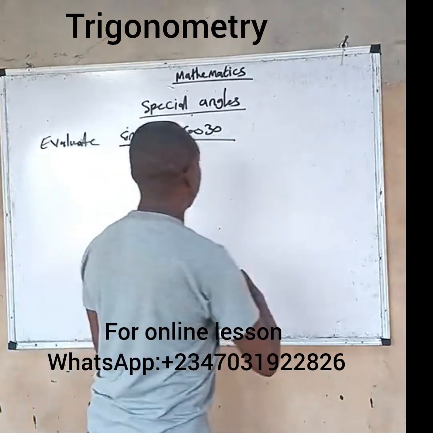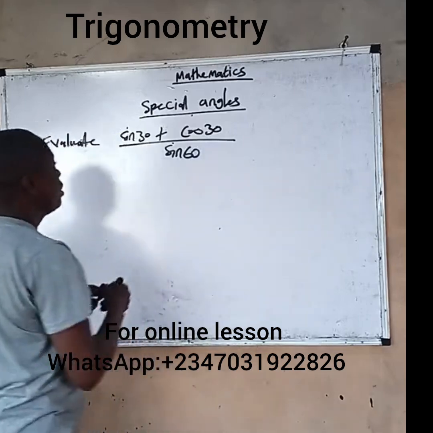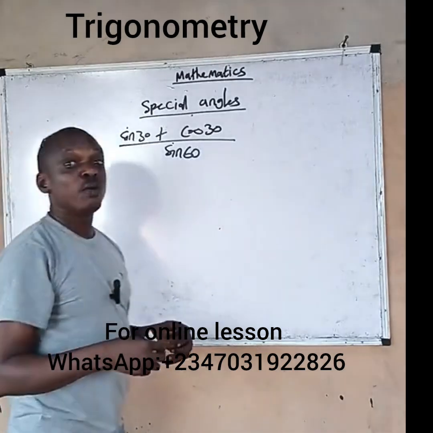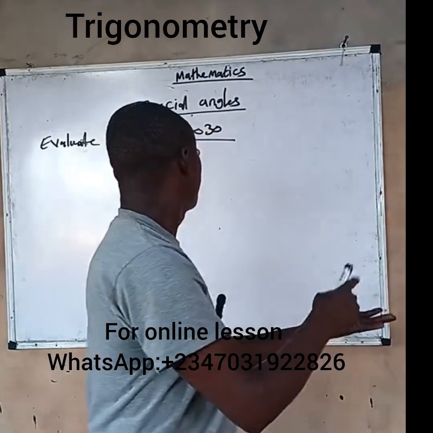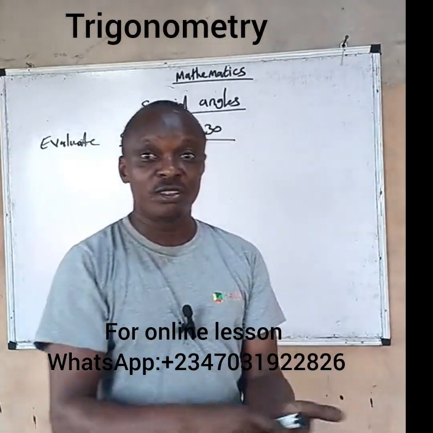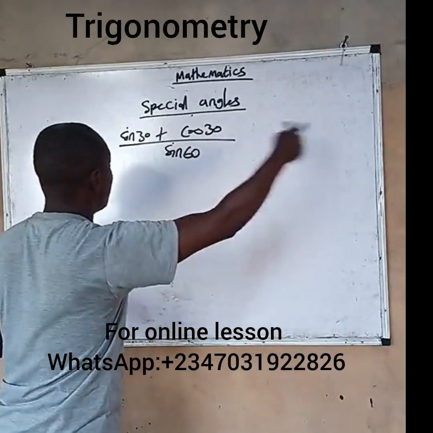Evaluate without using tables. Now, in this case, without using tables, don't bother to go and press the calculator, sine 30 is 0.5, cos 30 is 0.866. No, if you do that, you are wrong. You say evaluate without using tables.